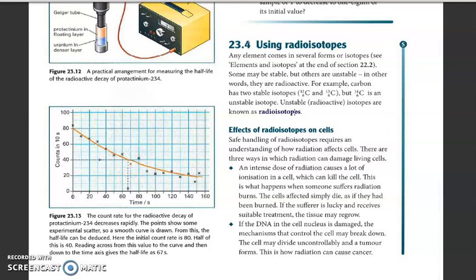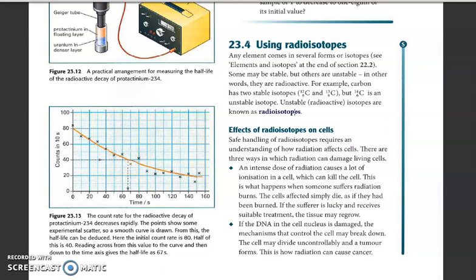The safe handling of radioactive isotopes requires an understanding of how radiation affects cells. There are three ways in which radiation can damage living cells. First, an intense dose of radiation causes a lot of ionization in a cell. Ionization means getting charged.